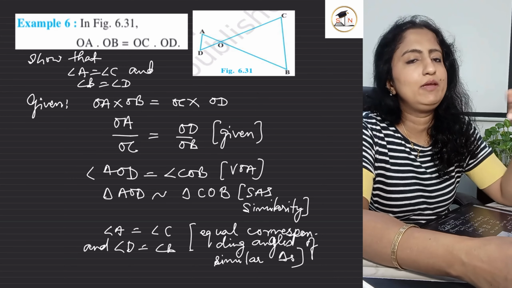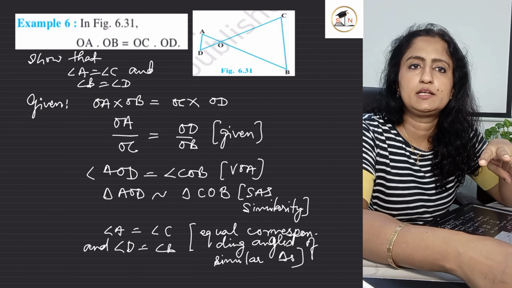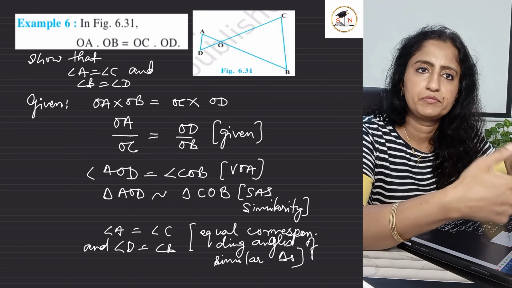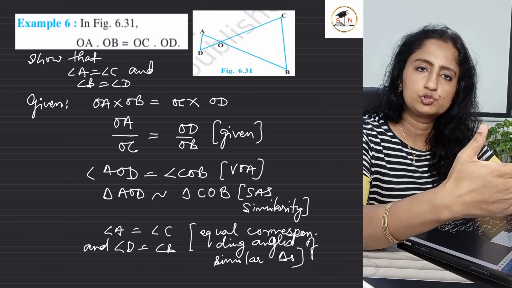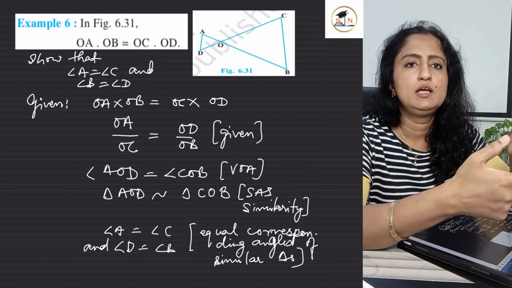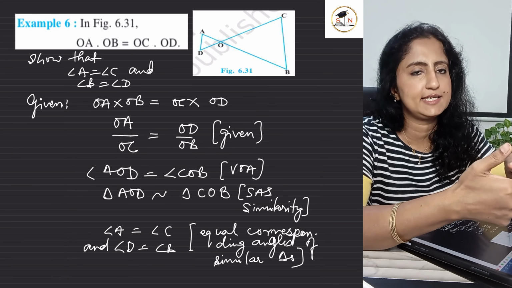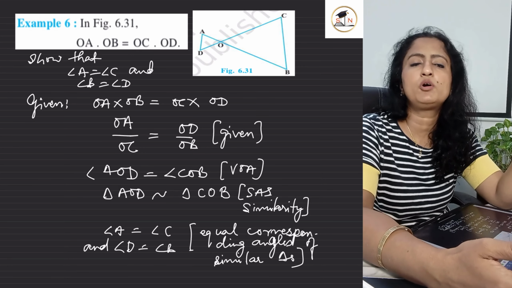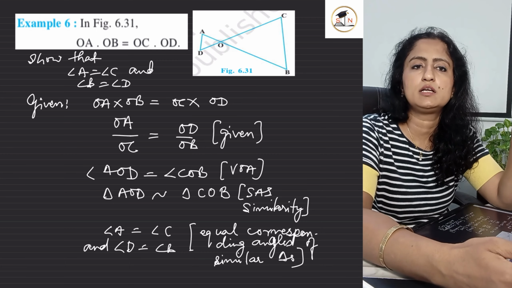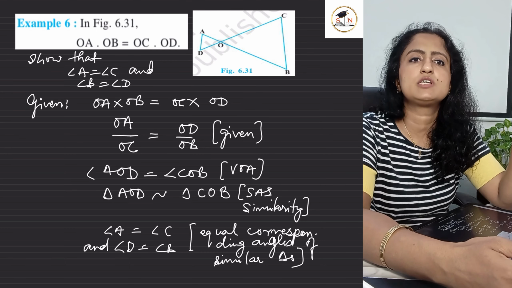So what did we do over here? In this video, we have learned the three similarity criteria. AA, we started with AAA, but we removed it and converted it to AA. Then we did SSS, and after that we did SAS. Okay, one important thing. Earlier in NCERT, there used to be another criterion, which is RHS.